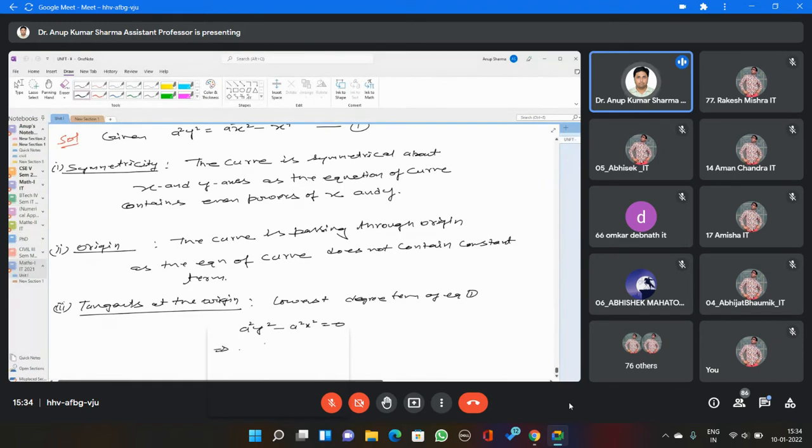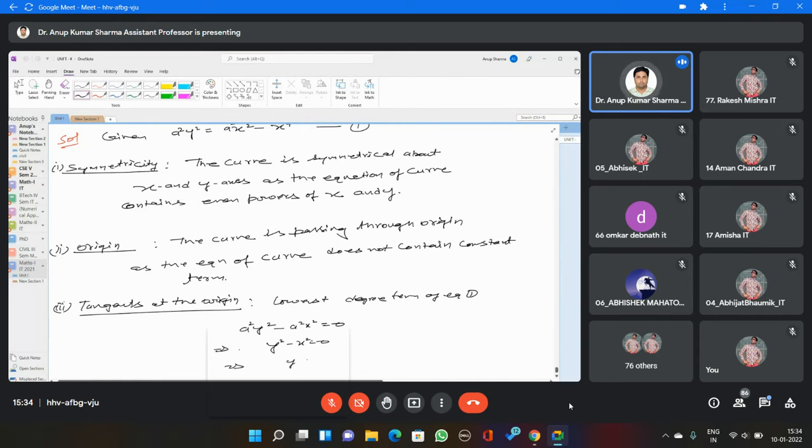This implies we remove a, because a is greater than 0, which means the value of a, plus or minus, is always positive, no issue. So next we write it equal to 0.